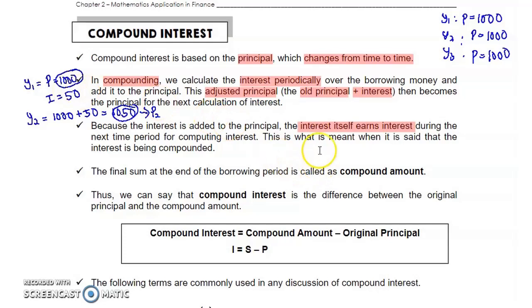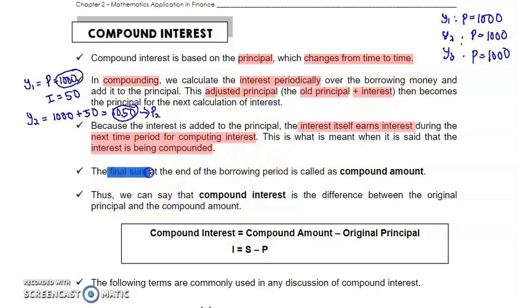That is what is meant by the interest itself earning interest during the next time period. This is what is meant when it is said that the interest is being compounded.